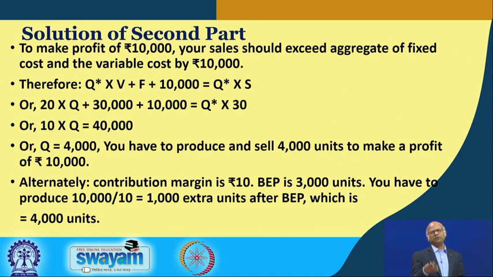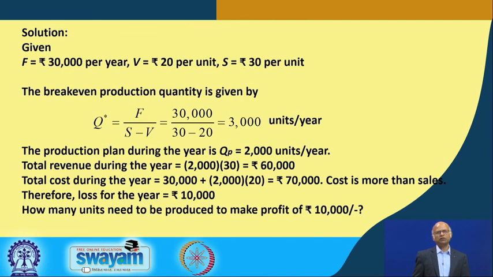You can use an alternate approach because you know the break-even. Remember, this is a very important point. Once you know that 3000 quantity is the break-even point, as we estimated here, beyond 3000, for every unit that you sell, your profit is equal to the contribution margin, because you do not have to meet any more fixed cost; that is already done. So, 30 rupees is the selling price, 20 rupees is the variable cost, the difference is 10 rupees, and for every unit you make that profit.